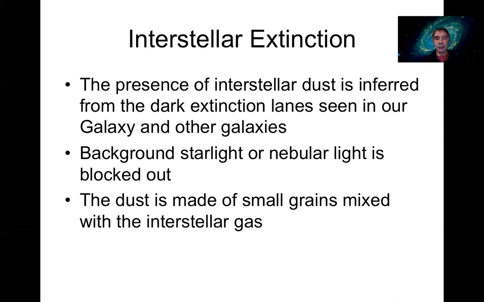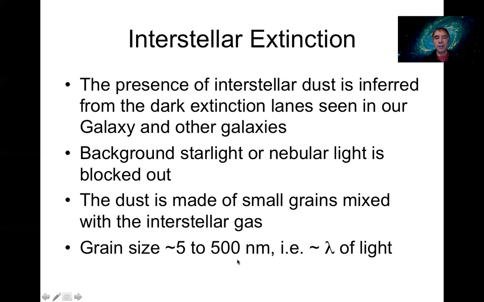And if you're interested in where they're coming from, they're made in the cool atmospheres of red giant stars, which are down at 3,000 Kelvin. They lose mass from their dense atmospheres, especially as they get towards the planetary nebula stage. And basically solid particles condense out of those cool, dense atmospheres and then get ejected into space, which is why they end up in interstellar clouds.